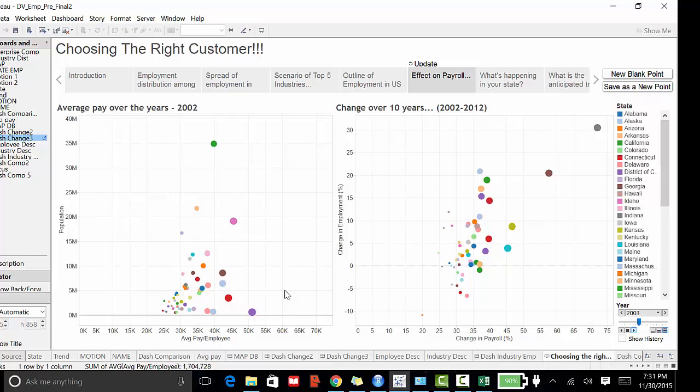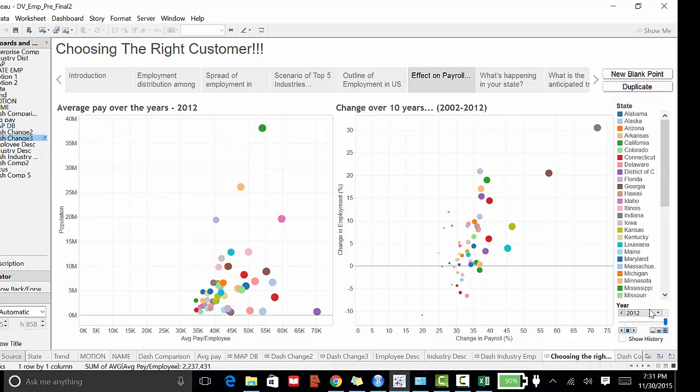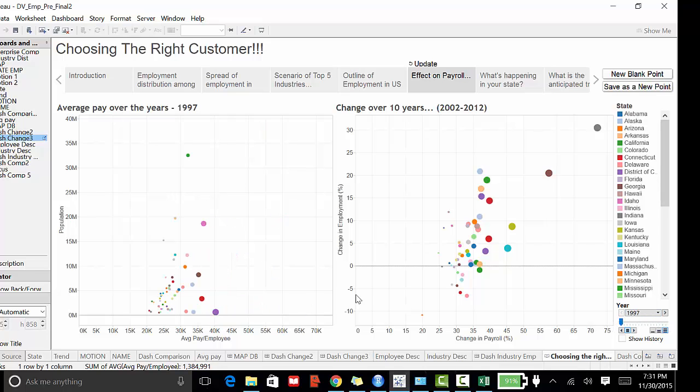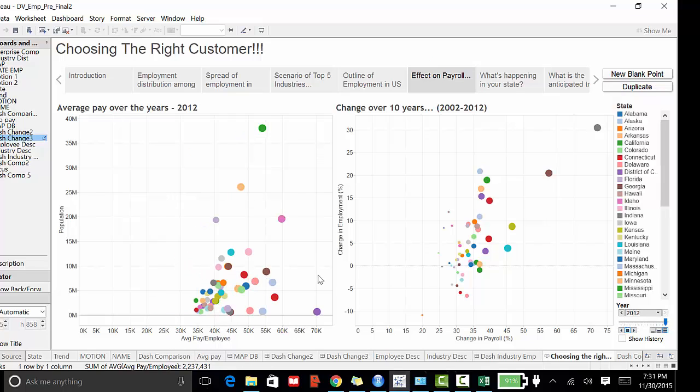We can see that over time, the average pay in all states has shown an increasing trend. States that were lagging behind in terms of average salary have tried to catch up with the others over time, and currently almost all states are comparable.